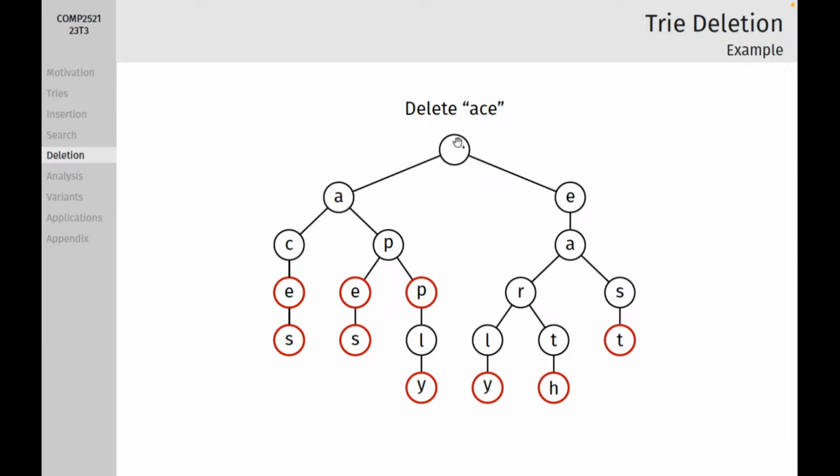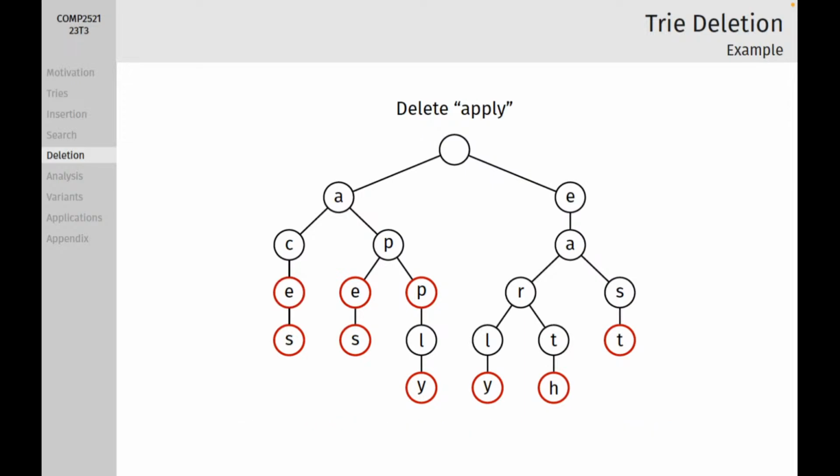Then we find the node corresponding to the word ace, which is this node over here, and we just mark it as a non-finishing node, right? And that's it. We don't need to remove this node because the node has another child, which is a finishing node. So if we remove this node, then what's going to happen to the word aces, right? Yeah, so that's all we do.